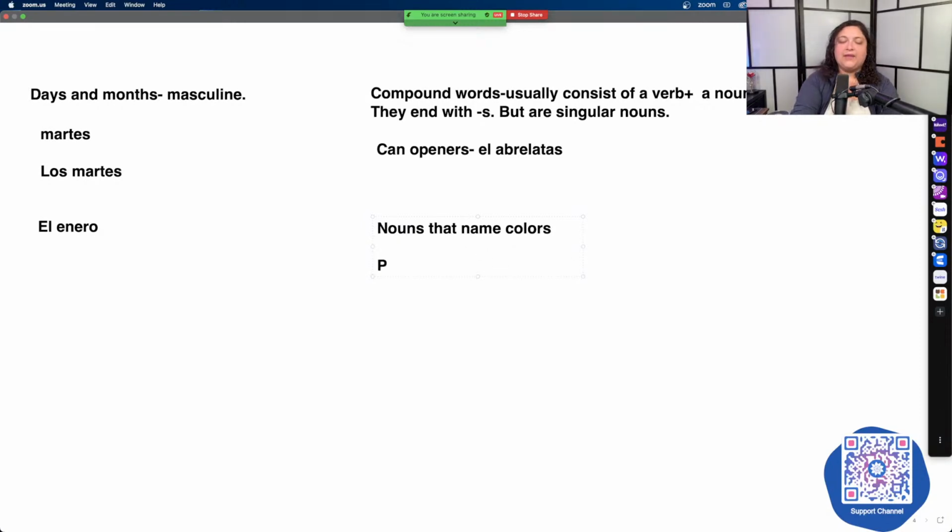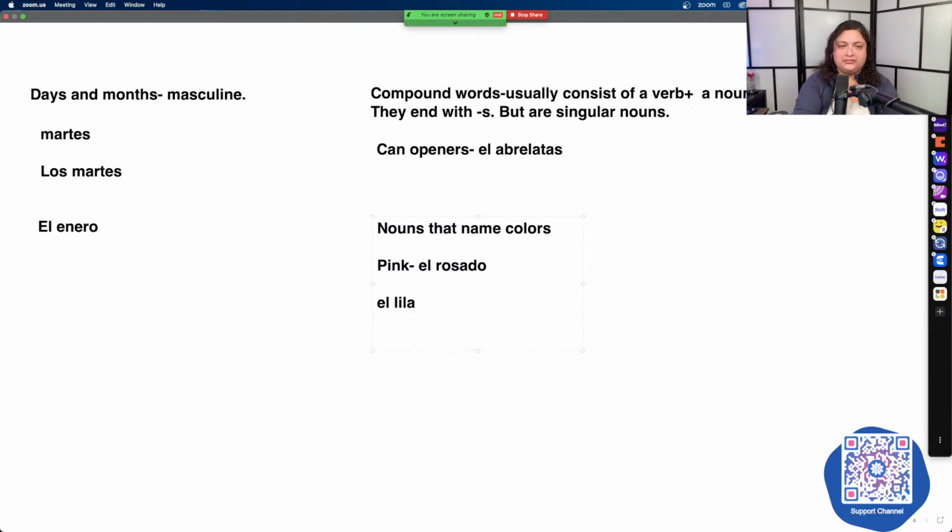So for pink, again, we're not using this as an adjective. I will say, oh, I like the pink color, I'll say el rosado. Or the lilac color, el lila.